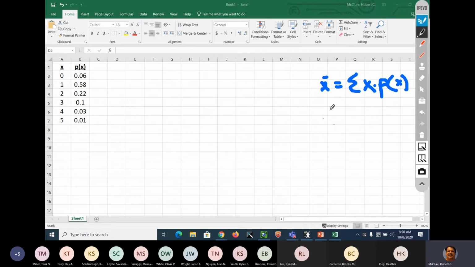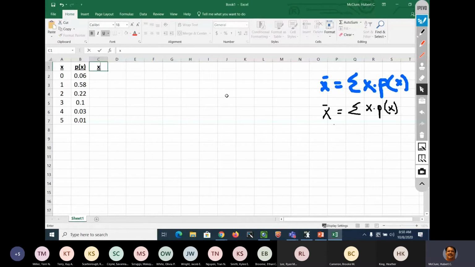Okay, so read X bar, or to find the mean, that's going to be the summation of X times P of X. So this is X and this is P of X. So we need to make another column. And what will it be called? It will be called X times P of X.